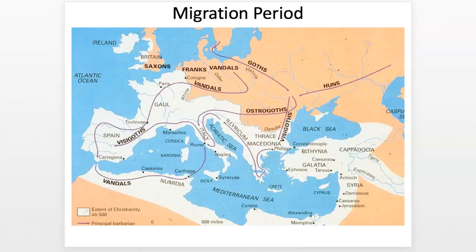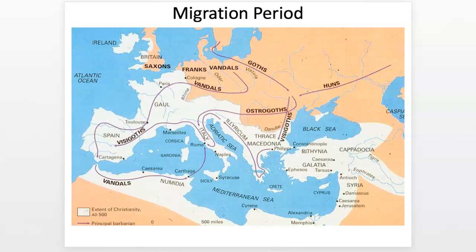Okay, we're going to talk a bit about what they would call the migration period, also known as the Dark Ages. It's a period that's sometimes also referred to as the barbarian invasion. Invasion of what? Well, we would say Rome, for one thing.